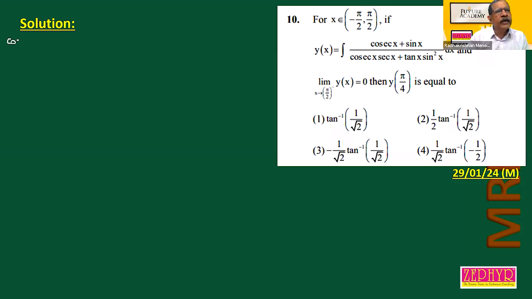That is cosec x plus sin x in the numerator, and the denominator here has cosec x into sec x plus tan x into sin squared x.